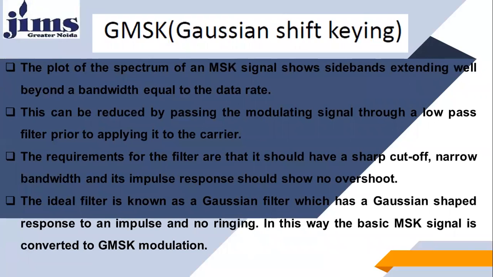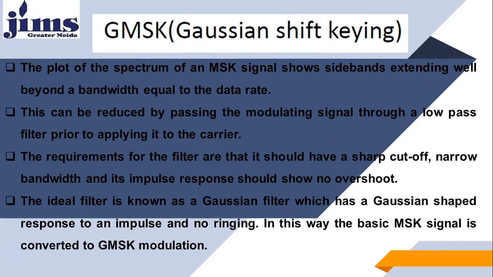There are again certain points about GMSK. First, the plot of the spectrum of an MSK signal shows sidebands extending well beyond a bandwidth equal to the data rate. Second, this can be reduced by passing the modulating signal through a low pass filter prior to applying it to the carrier.